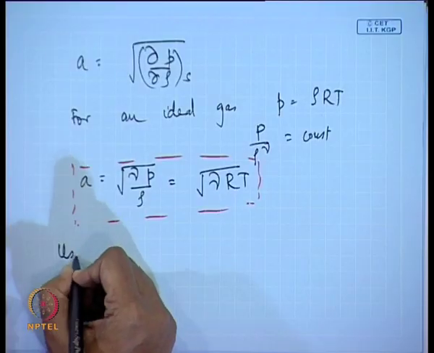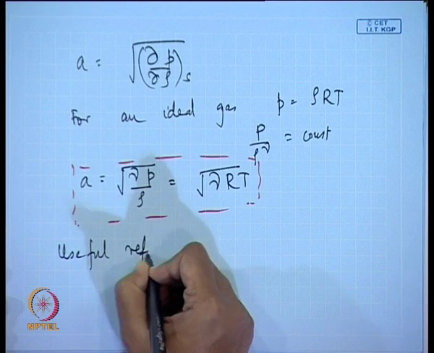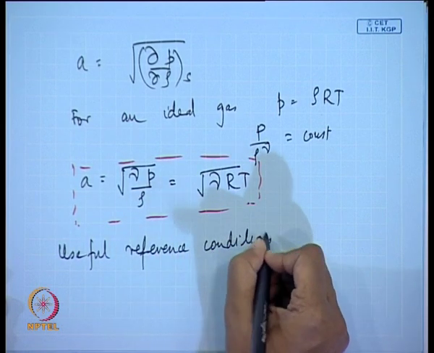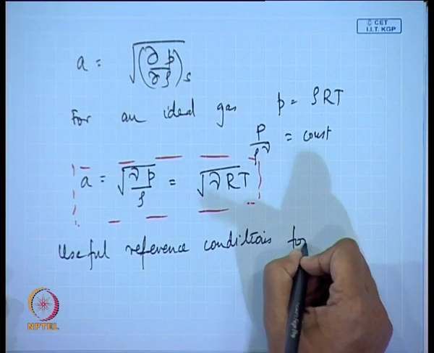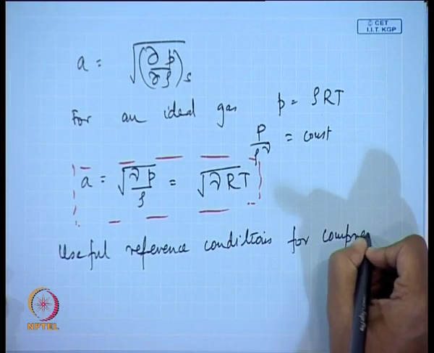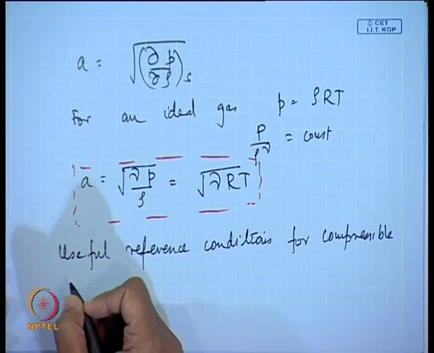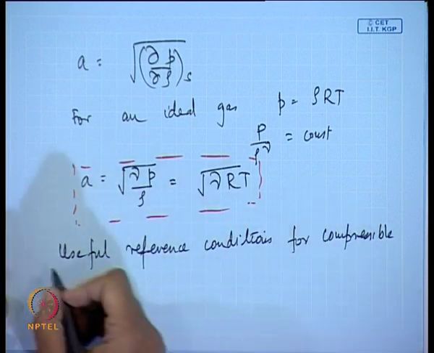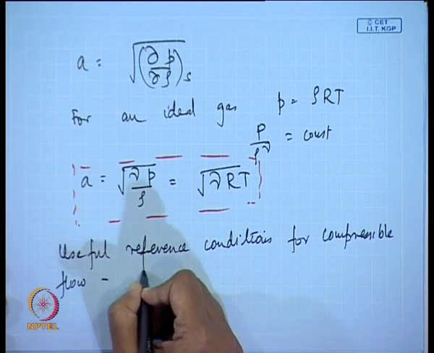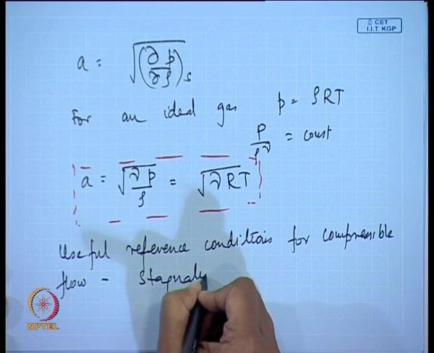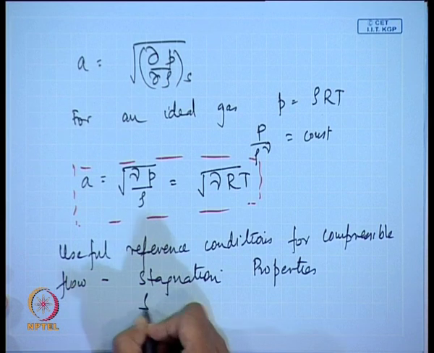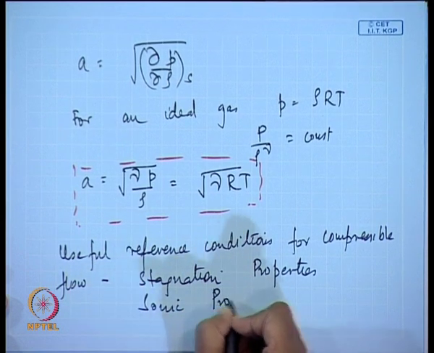So, the useful reference conditions. Remember one thing, compressible fluid and compressible flows are not always the same. Useful reference conditions for compressible flows are the stagnation properties, which are one set of properties, and the sonic properties.